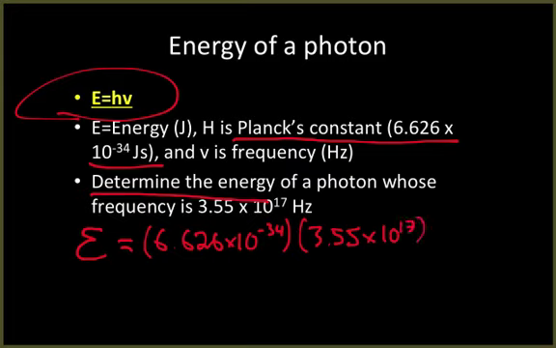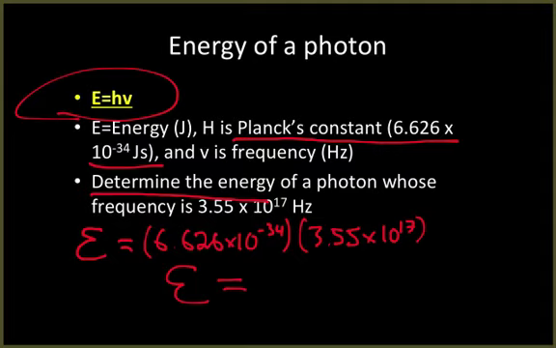Plug it into your calculator and solve. And just remember, because it's energy, our unit will be in joules. So plug it in, 6.626 times 10 to the negative 34th. Multiply that by 3.55 times 10 to the 17th.